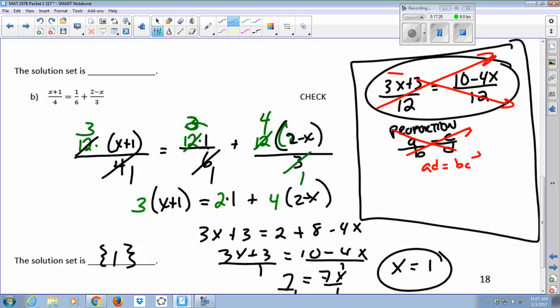And the only reason I'm showing you that is because some people put the right side together and make them 18ths. So they have something over 18 here, and they have x plus 1 over 4 here, and that way you could just use cross products. There's like 1,000 different ways, not literally, but there's a lot of different ways of doing this, and you all do something differently. I'm hoping to convince you with this method here today somewhat, that it's easier and more efficient.